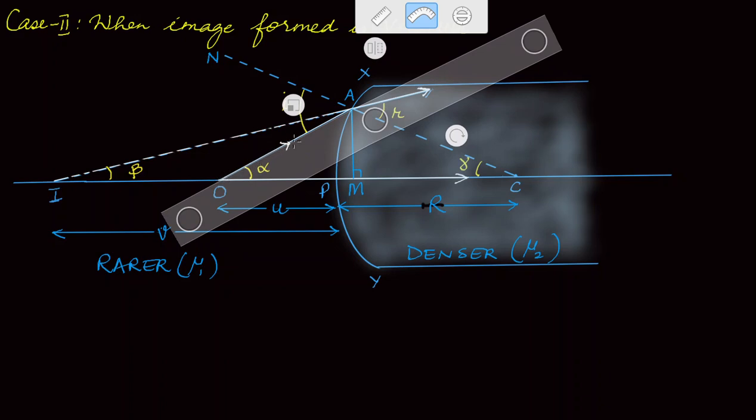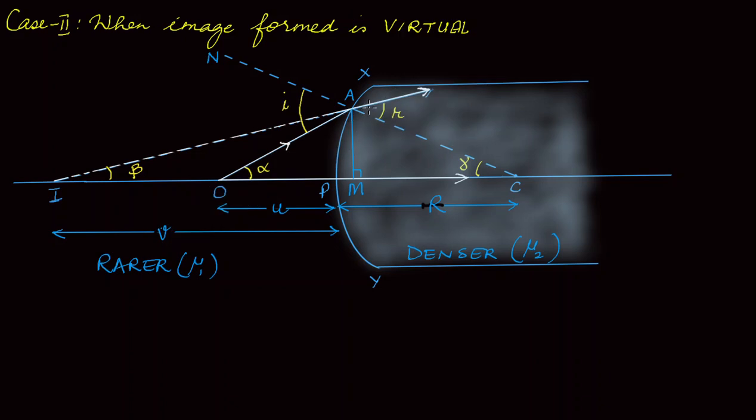This ray of light should be going like this, is it not? It should be going like this, but since it is traveling from rarer to denser medium, instead of going this way, it bends towards the normal. Understand? But it cannot bend so much so that it touches the principal axis.